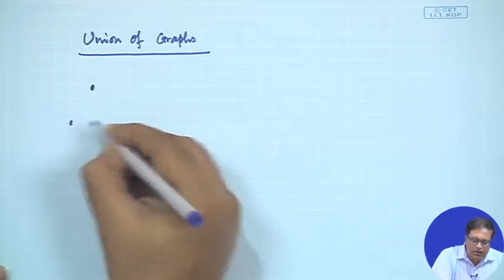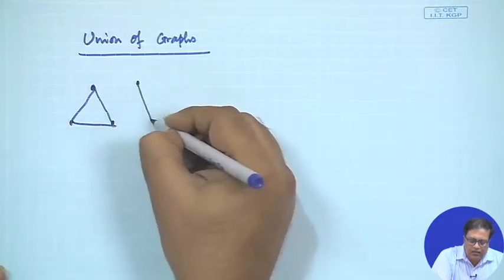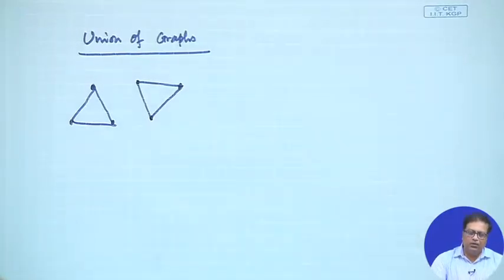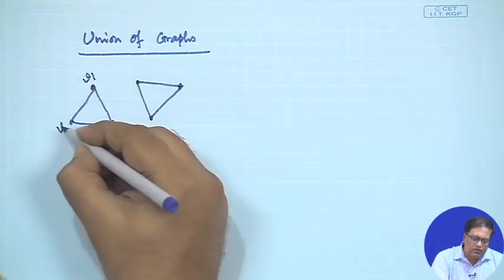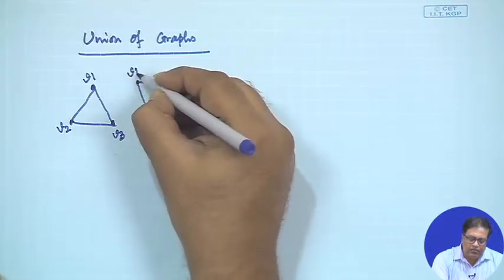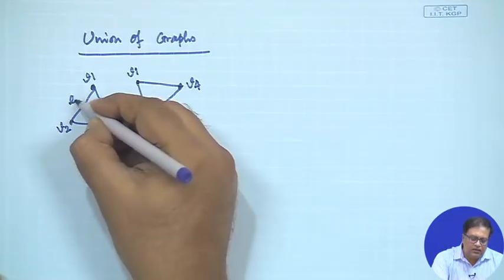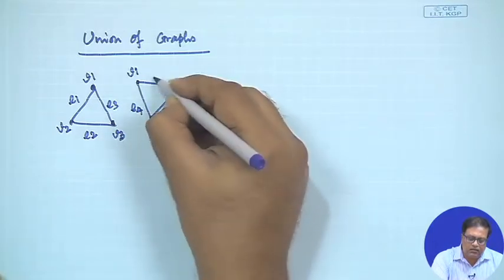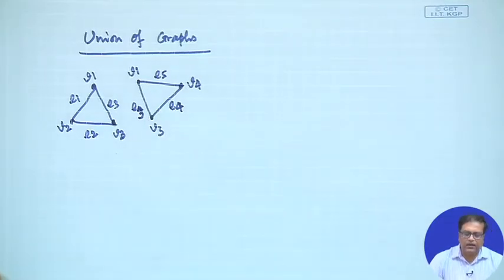Let us say we have two graphs here, one is this one and another is this one. Suppose this is vertex V1, this is vertex V2, this is vertex V3, and in the other we have V1, V3 and V4, and these are the edges E1, E2, E3, E4, E5.